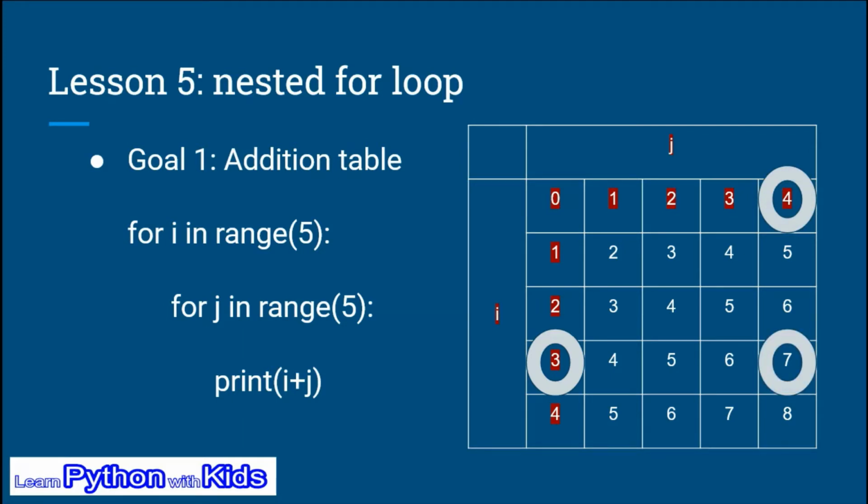The program structure looks like this on the left-hand side. The first for loop is i from 0 to 4. And within each i, the next for loop has j from 0 to 4. Then we print out i plus j. Let's try to run and complete our program.